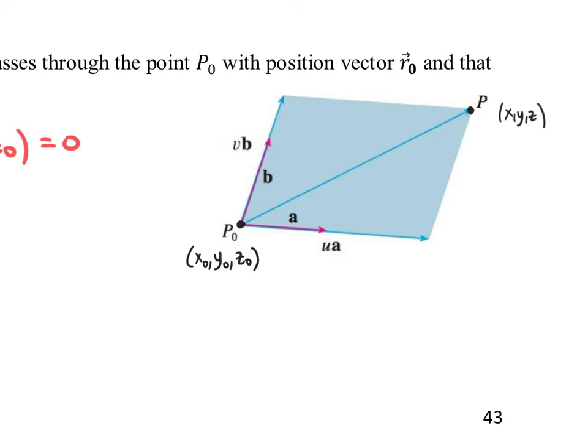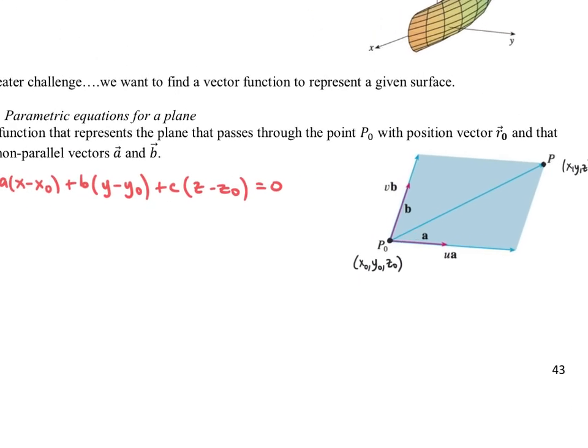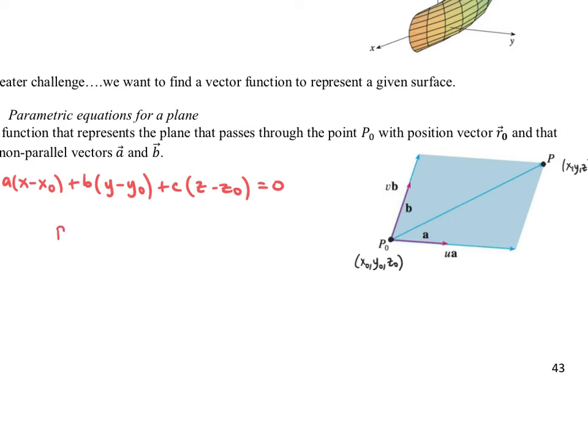So the equation that I'm defining here is for the vector p sub naught to p. That vector would be equal to a scaled vector of A plus a scaled vector of B. If we put those together, we get that vector P sub naught to P.